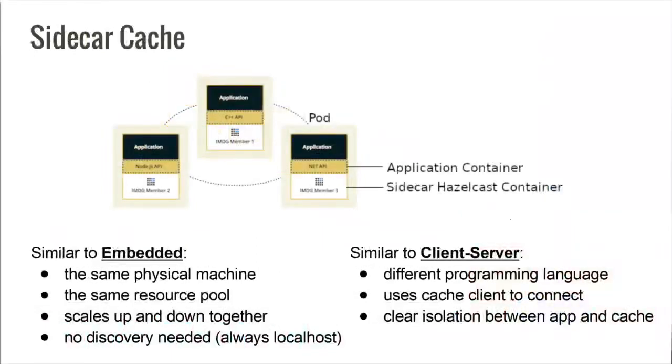Also, we don't need any discovery because it's always available on the local host. However, it's also similar to client-server because we can use different programming language. After all, it just uses cache client to connect. And there is some isolation between app and the cache.